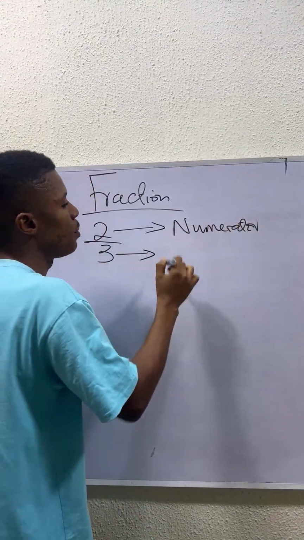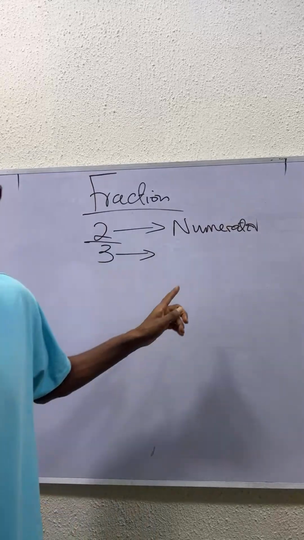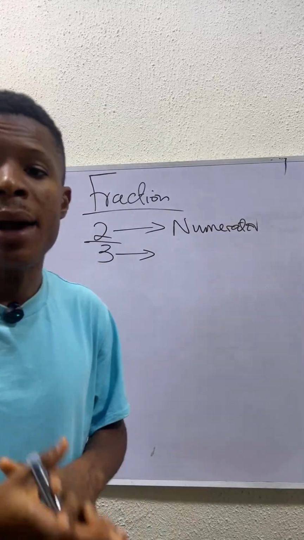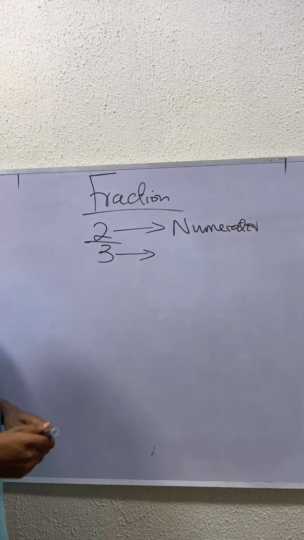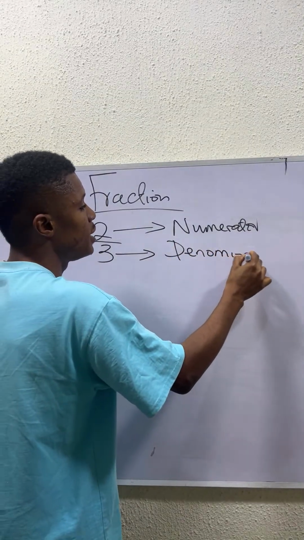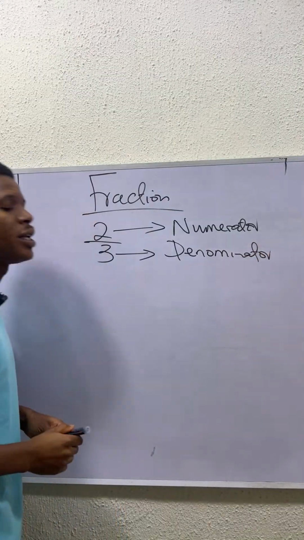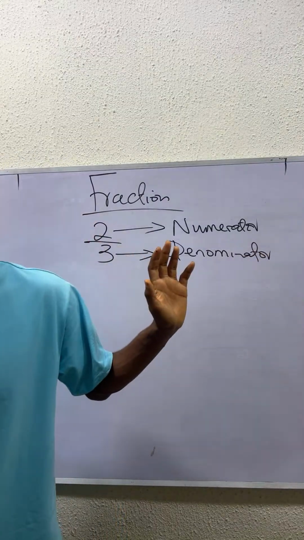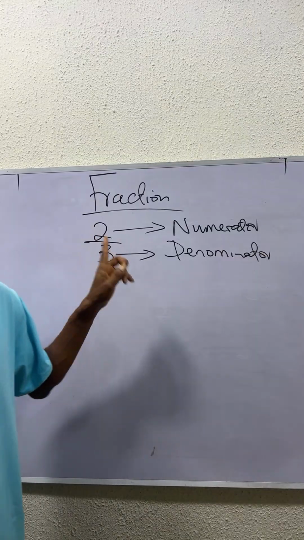While the number at the bottom, what do we call the number at the bottom? The denominator. We call it the denominator. So a fraction has two parts, the numerator and the denominator.